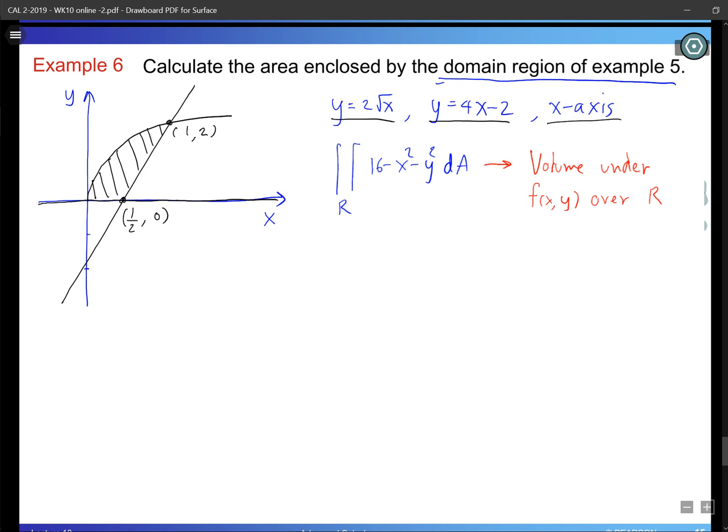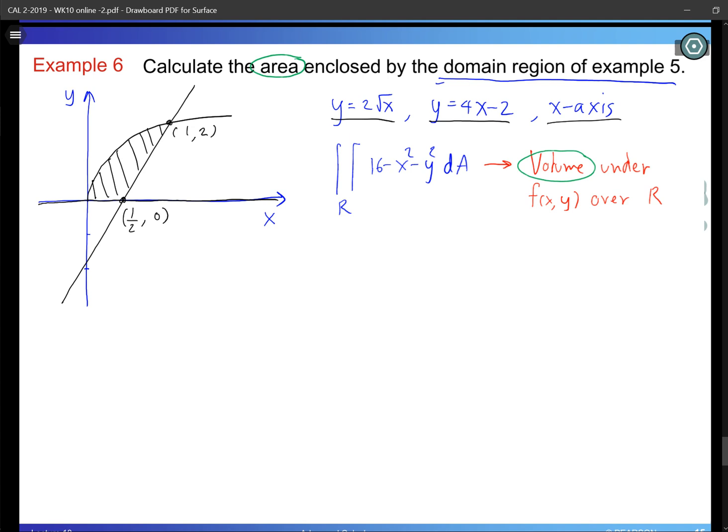Why do I have to talk about this again? Because the keyword for example 5 and example 6 is quite different. So let's take a look here. In example 6, we are supposed to find the area. But in example 5, we found the volume. That is the main difference, and it's totally different things, right?